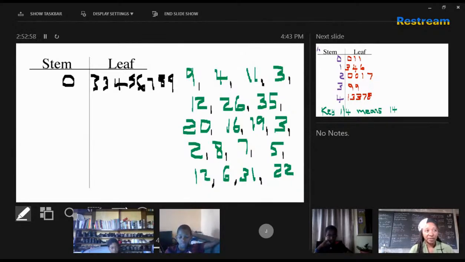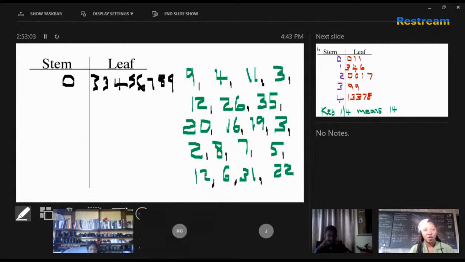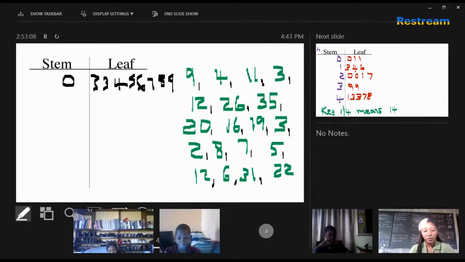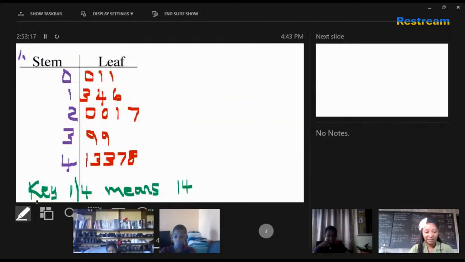So for example, ages of persons at a concert, number of cars at the shopping mall, whatever the data represents. We would also have a key, which tells you what the stem and leaf represents. So this key means, wherever you see a 1 in the stem, a 4 in the leaf, you have to combine them, and it's really 14.